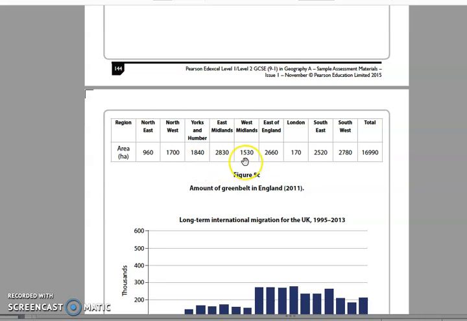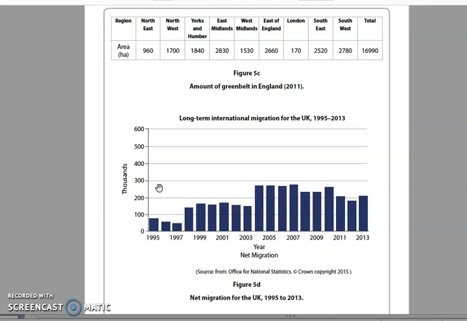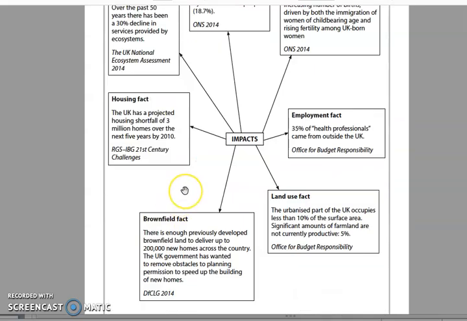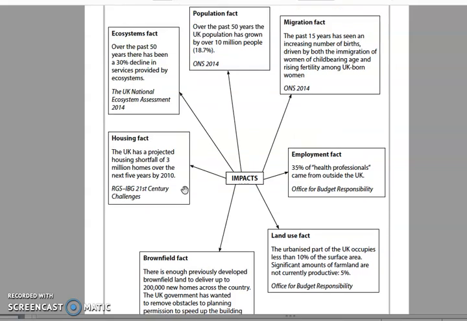And we can see again, this varies in different areas, from the least in London, where is the most population, to the most in areas like the southwest and the East Midlands and the east of England.